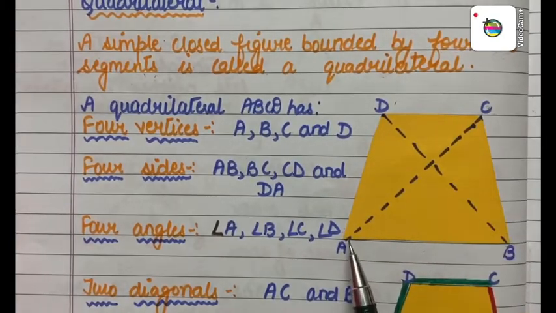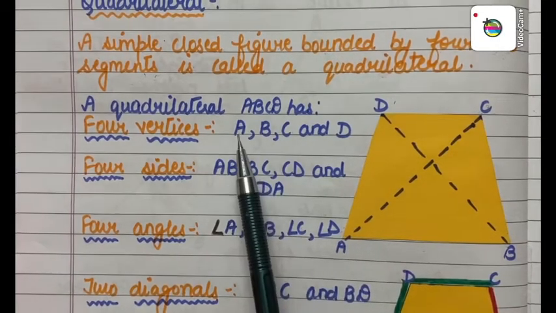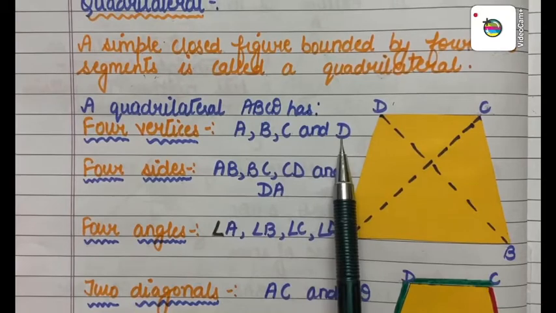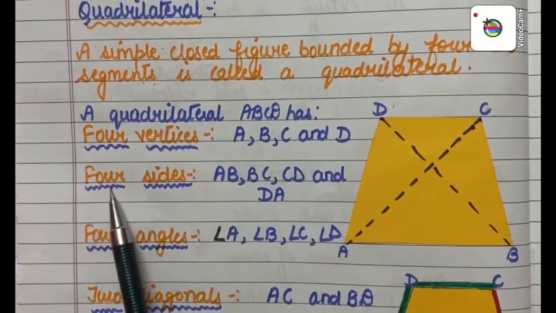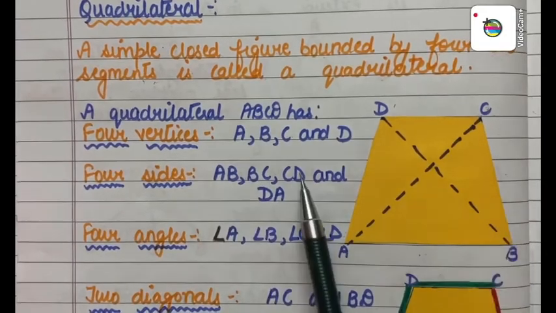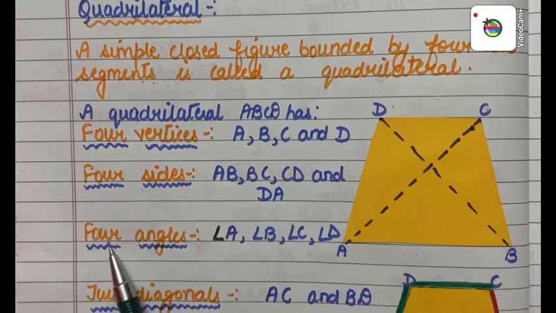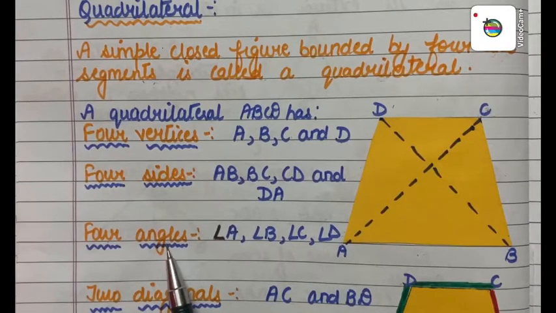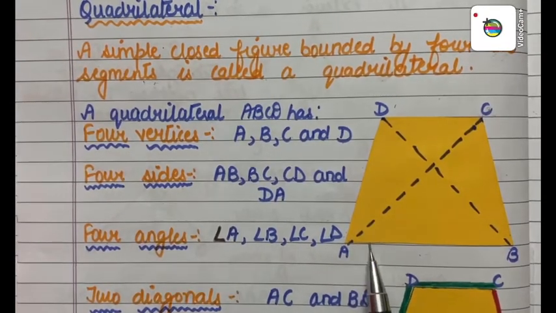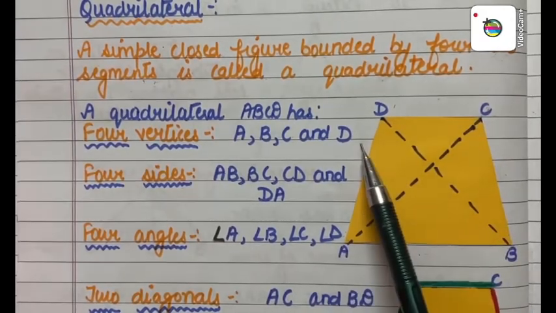So here in the quadrilateral ABCD we are having 4 vertices A, B, C and D. In the same way it is having 4 sides AB, BC, CD and DA. Now it is also having 4 angles, that is angle A, angle B, angle C and angle D.